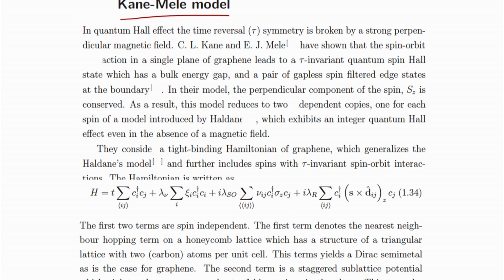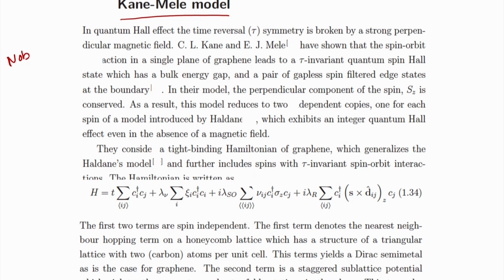In fact, they have built upon the model that Haldane proposed about 20 years back, in 1988, and they have added another degree of freedom, which we will just see.